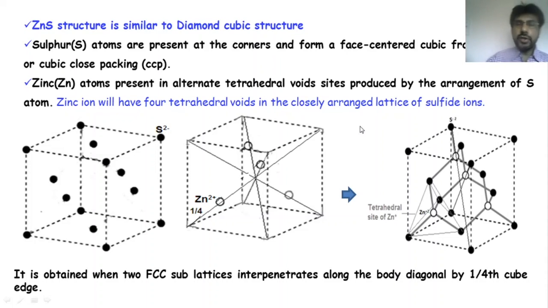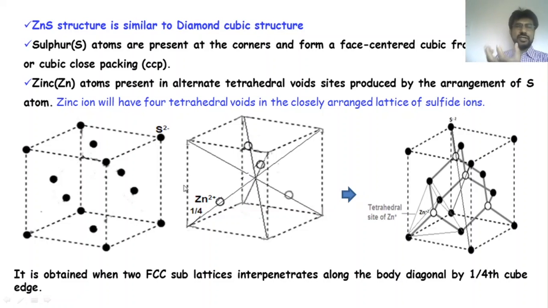Therefore, if these 2 unit cells penetrate, that means we can say that these are sub-HCP lattices. So these 2 sub-lattices are interpenetrating along the body diagonal by 1/4 of the cube edge.